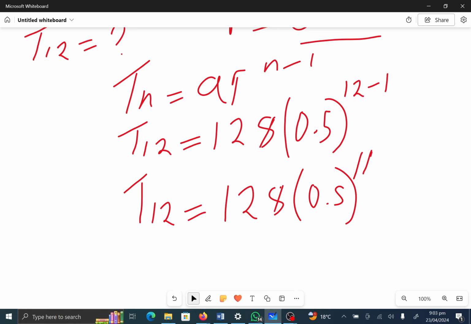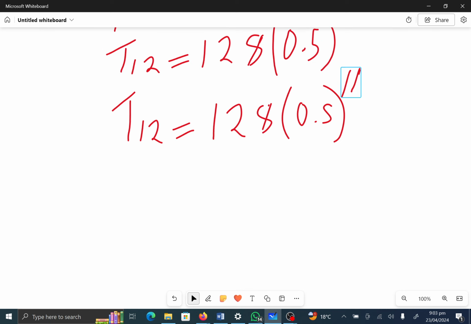So you can get your calculator and compute these figures. You say 128 open bracket 0.5 close bracket. Depending on the calculator you are using, if it is a Sharp or a Casio, there is a sign which looks like this, telling you to the power of that number. So you say to the power 11.